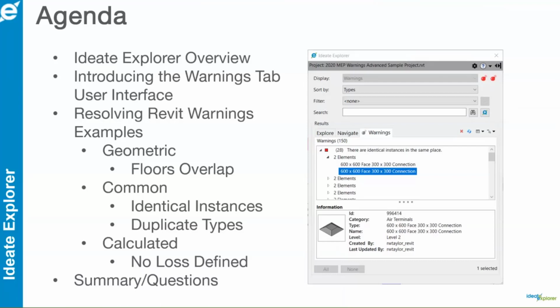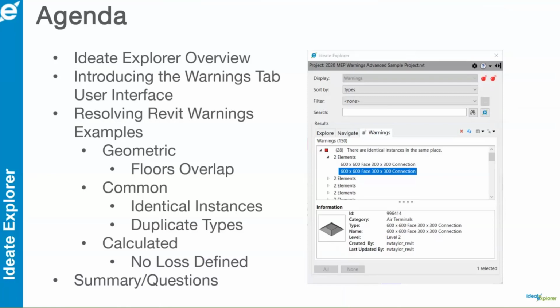What we've come to the conclusion of, working through with Autodesk, is that a lot of these calculated and geometric warnings are probably the most difficult because Revit's trying to calculate something in the background and it can't do that. That can really impact the performance of the Revit model.